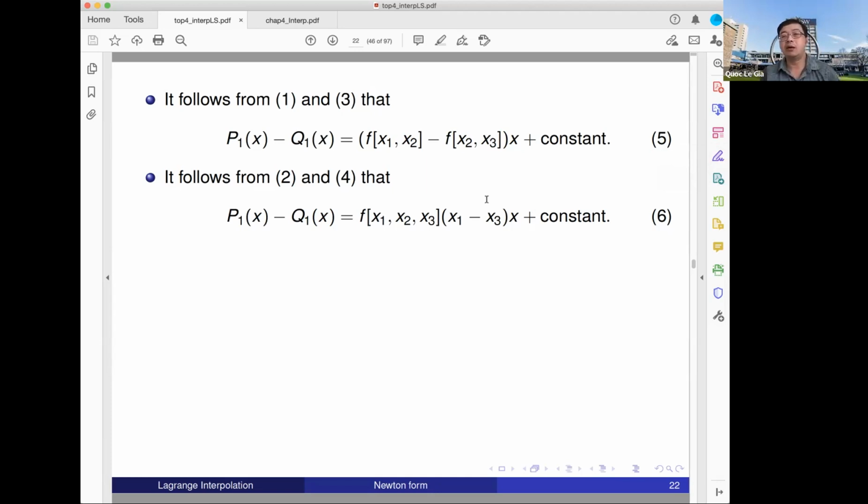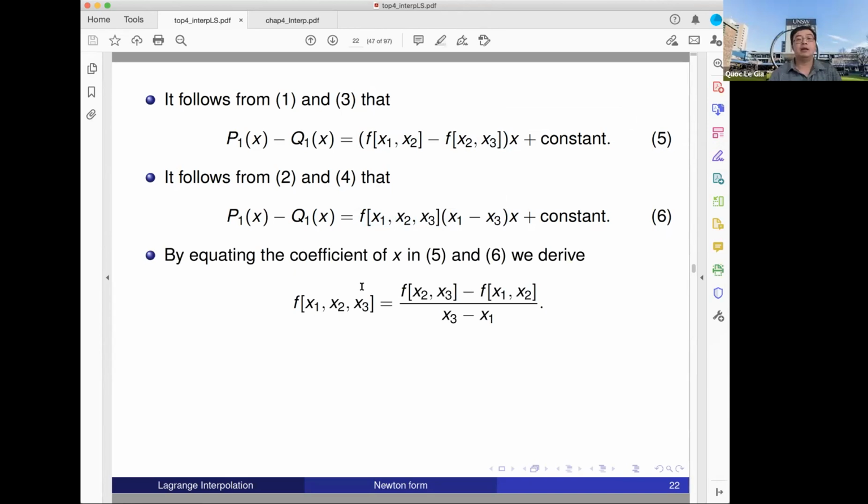Yes, the coefficients of x are equal. So essentially from 5 and 6, you have to conclude that this coefficient has to equal this coefficient, because it is equal for all x, so the coefficient in front of x has to be the same. And that is exactly what we want. We want to equate the coefficient in 5 and 6 for x, and that's what we are looking for.